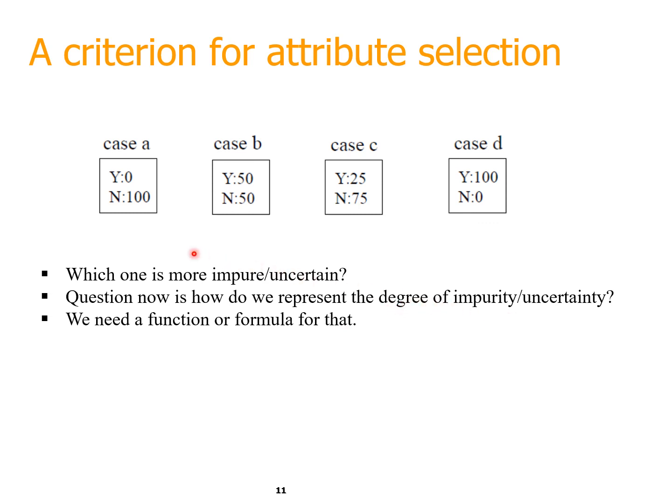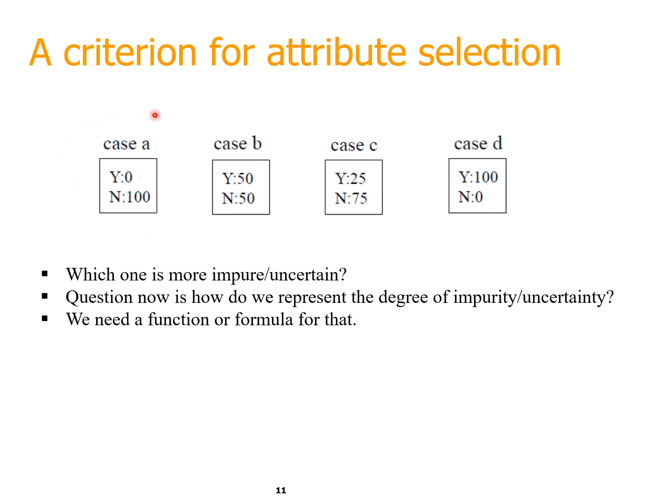Then in this case, the degree of impurity is very low, right? This is very clear actually. Everything is no. So this class distribution is very clear, very homogeneous, very pure.